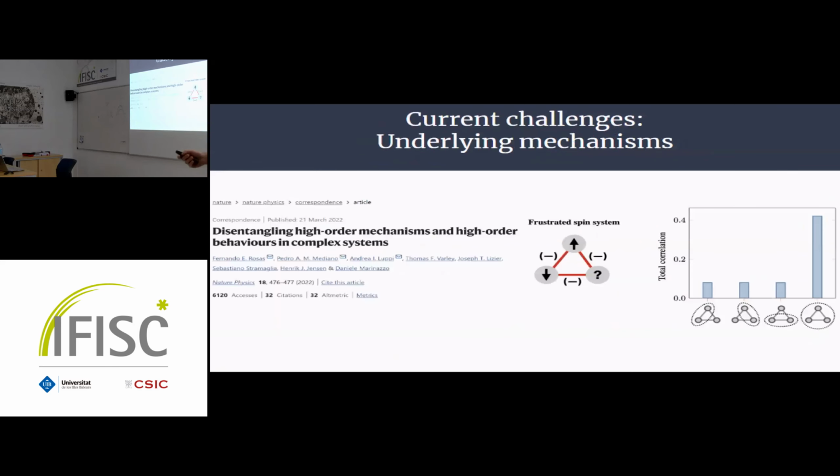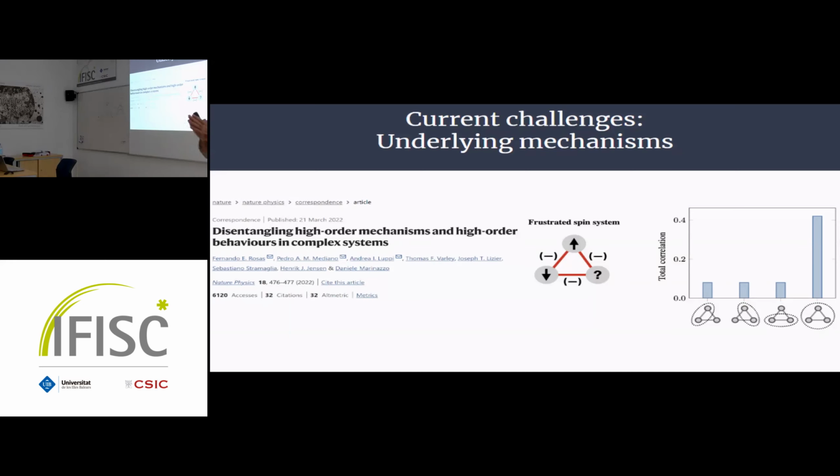Then what they ask at the beginning about the idea of interactions in this paper is what they try to disentangle: high-order mechanisms and high-order behaviors. So for example, in an Ising system, when you have frustration, where all the couplings between these three spins are negative, you have frustration. So this is a fully bivariate system. And if you look at the total correlation of all the pairs, it's small. And when you look at the total correlation of the whole system, it's very high.